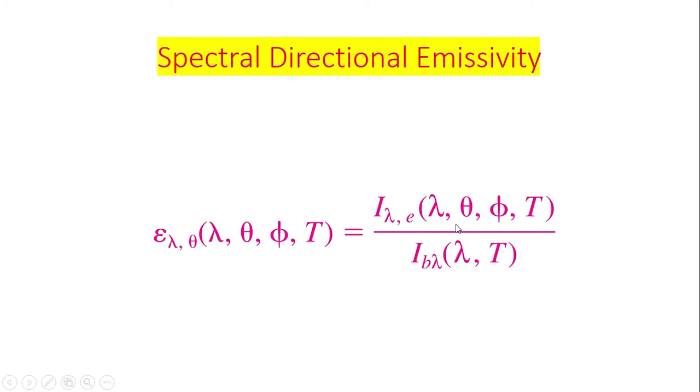The black body radiation intensity is independent of direction, as I said earlier. So this is the formula for the spectral directional emissivity, in which we compare the emitted radiation of a real body with the black body.